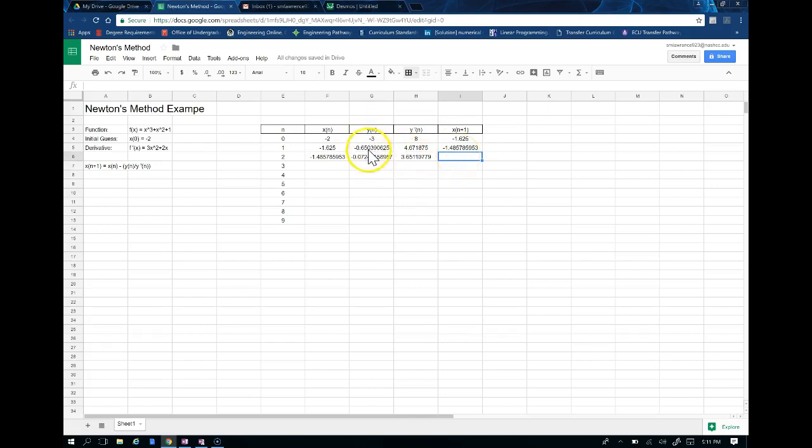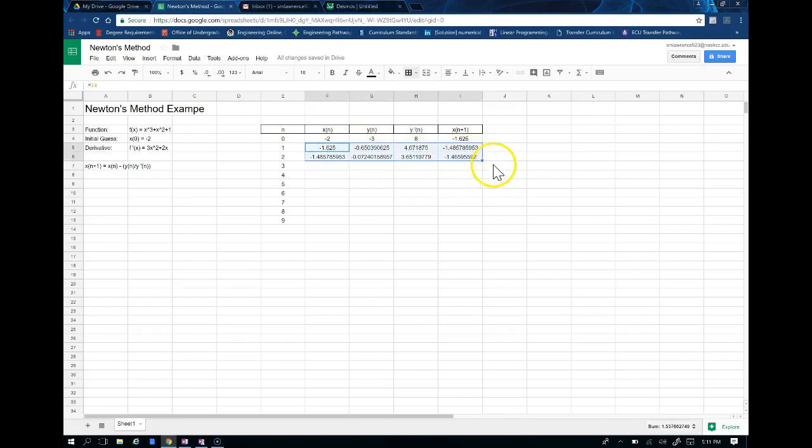So notice how my y's are getting smaller. That's good. That means we're getting close to our intercept. My new x value is my current x value minus, and I like extra parentheses, y divided by y prime. Now I've got 2 full rows of formulas.